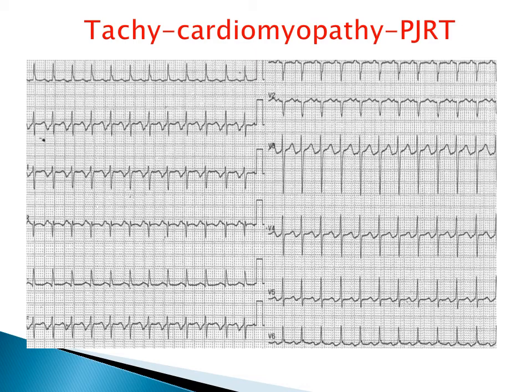The best treatment for these cases is to do catheter ablation for the focus of atrial tachycardia, or for the accessory pathway in case of orthodromic reentrant tachycardia.